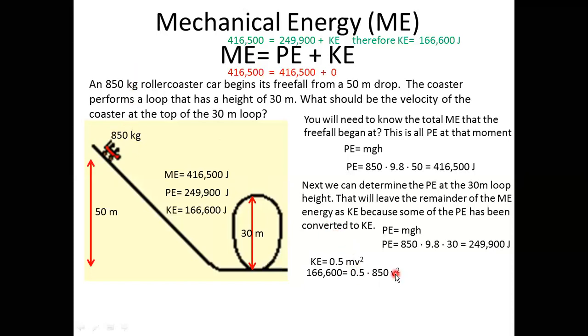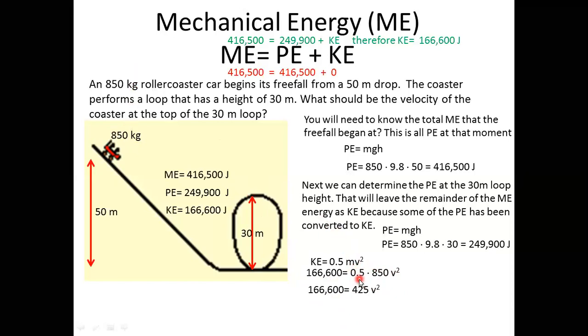Our v squared, that's what we're solving for. We want to know what the velocity, or v, is at this particular height of 30 meters. Since we know the energy amount and we know the mass, that's an easy unknown that we can solve for.